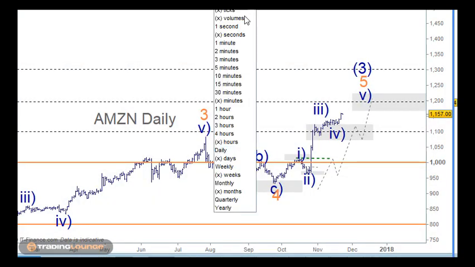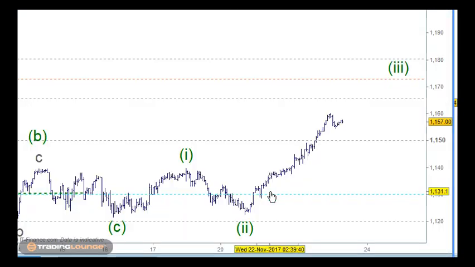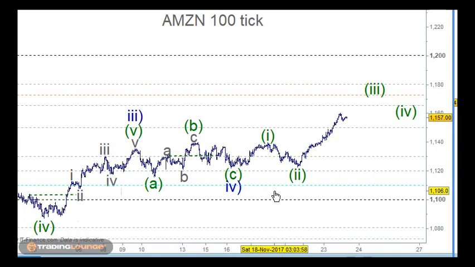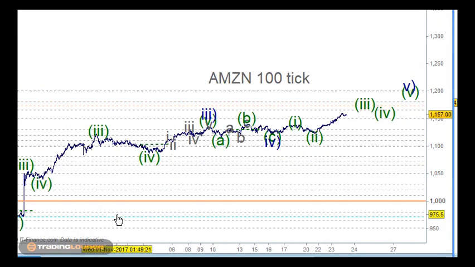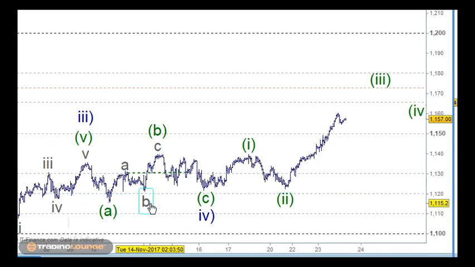If I just go onto the 100 ticks here just to pace this out a little bit. So we've got other entries in here besides these ones. We've got wave 3 and A and a B and a C for wave 4, then wave 1, wave 2 here. This could also be counted differently as a more complicated correction with wave 4 over here as well.